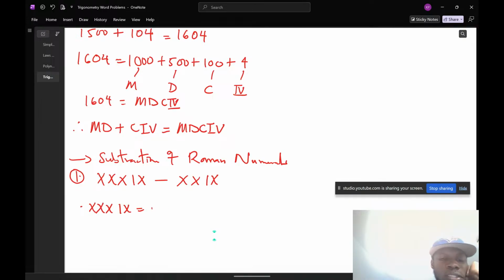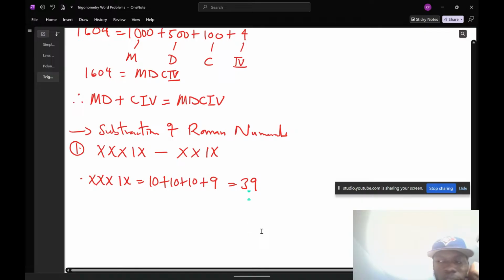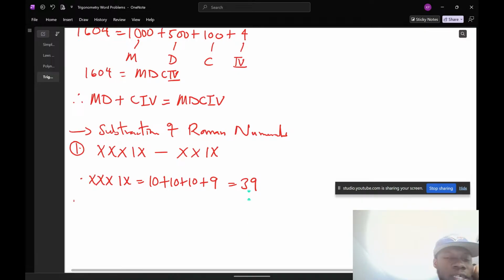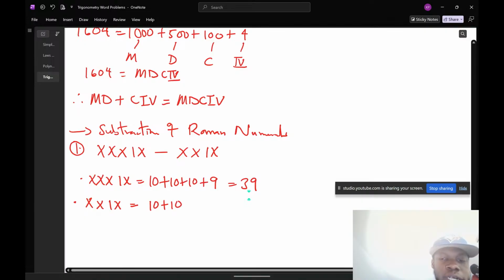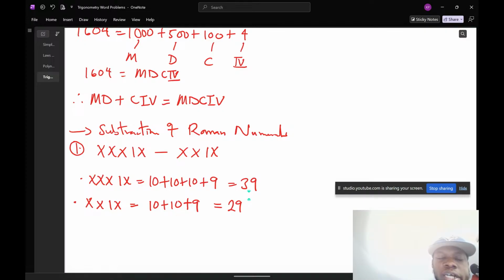X is 10, right? So that's 10 plus 10 plus 10. IX is 9. We already know that. So 10 plus 10 plus 10 is 30. 30 plus 9 is 39. Okay. So now we have XXIX. XXIX will be written as 10 plus 10 plus 9, which will give us 10 plus 10 is 20. 20 plus 9 will give us 29.